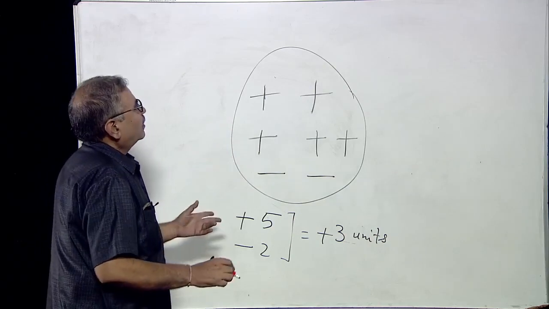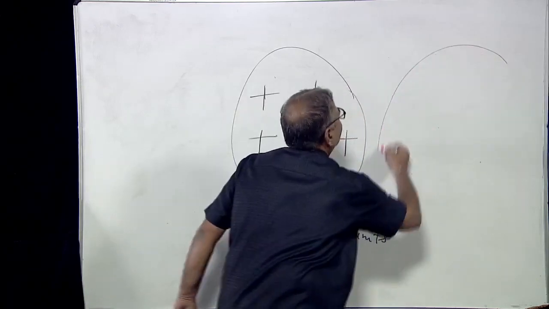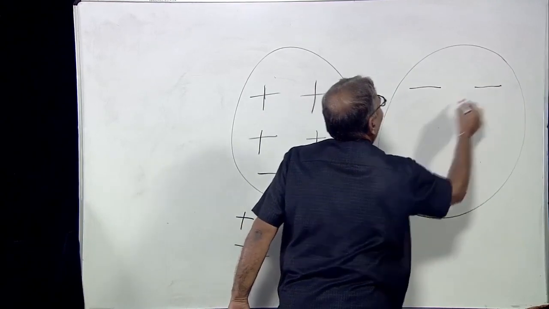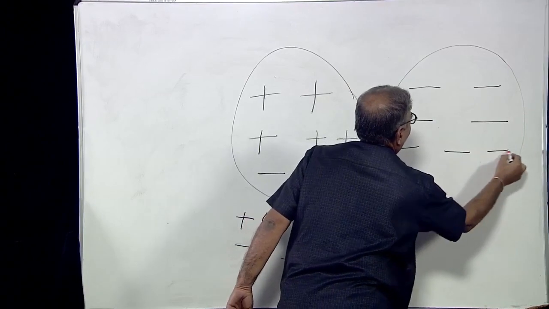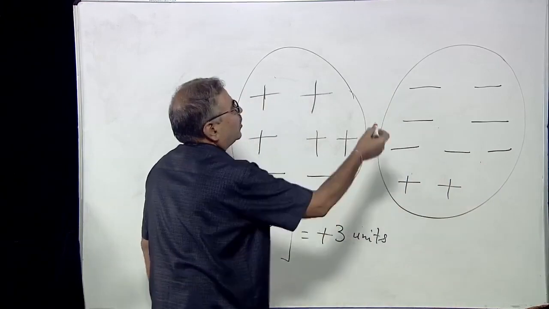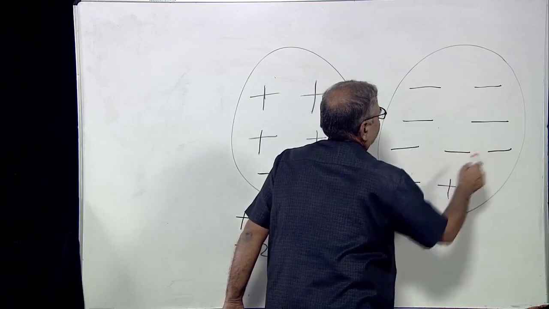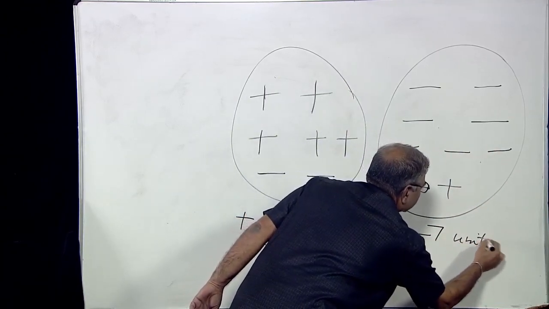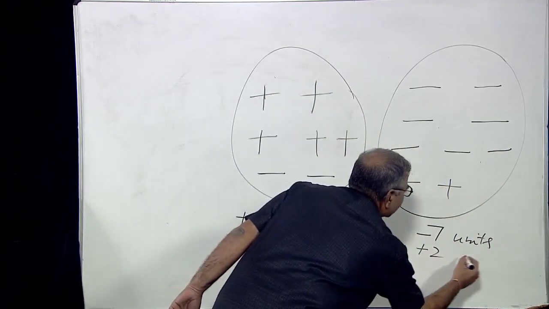Now, we will draw the figure for a negatively charged body. This body has 1, 2, 3, 4, 5, 6, 7 units of negative charge, minus 7 units, and the positive charge is plus 2 units.